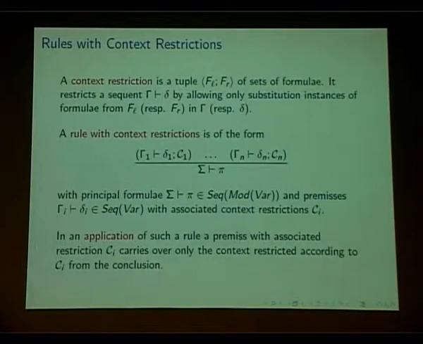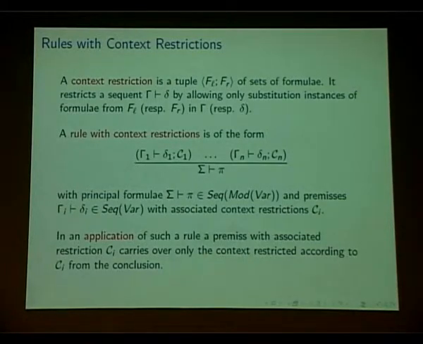So we could have a context restriction which restricts us to sequents which have only boxed formulae on the left-hand side and only conjunctions or disjunctions on the right-hand side. If we have this notion, then a rule with context restrictions consists of some kind of principal formulae, which I will denote with sigma entails pi here. So this is a sequent of modalized variables.